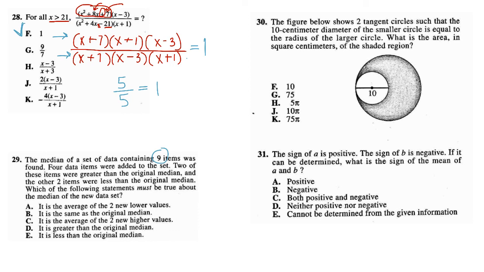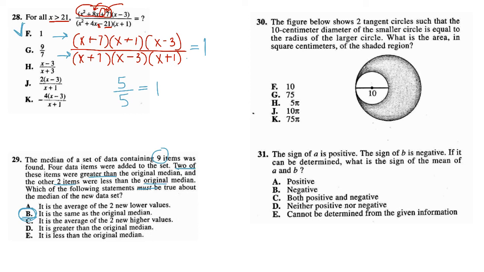And let's see, 4 items were added to the set. All right. So in that 4, it has 2 were greater and 2 were less. So which of the following statements must be true? Well, you're going to have the same median. If you've only added 2 above and 2 below, your median is your middle number. So that middle number did not change.